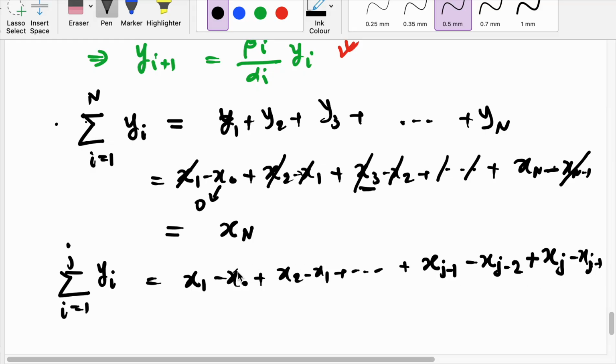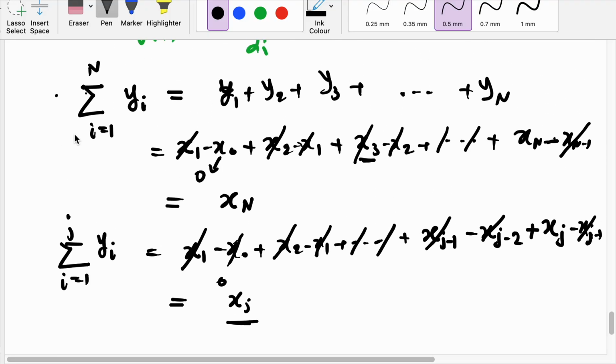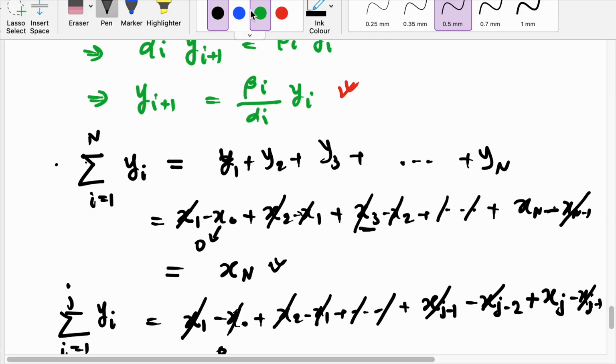Now you see this term is 0, this term will be cancelled with the next, and so on, so only xj will be left. So if you sum the first j yi terms, you will get xj, and if you sum n terms, you will get xn. Now from this equation you can see we can get yi very quickly.